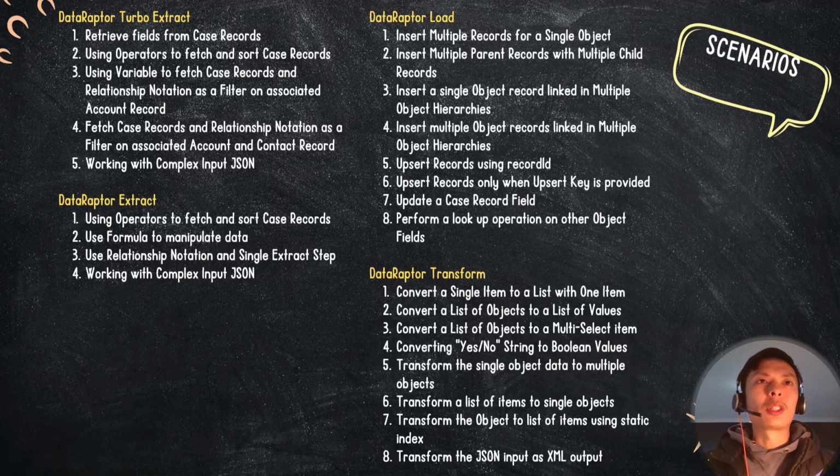I'm quite confident that if you've completed this video, you should be able to tackle most of the DataRaptor scenarios you'll ever come across, and you'll be able to do very well in both the consultant and developer cert on the DataRaptor section.